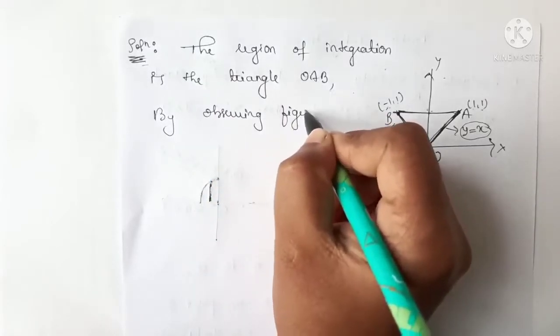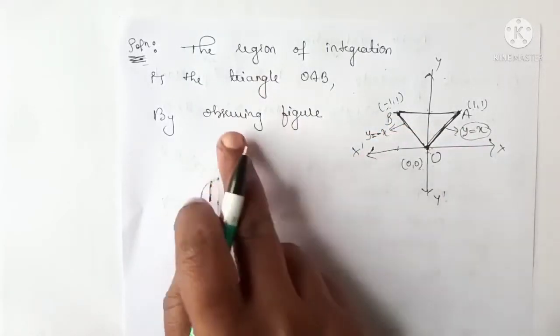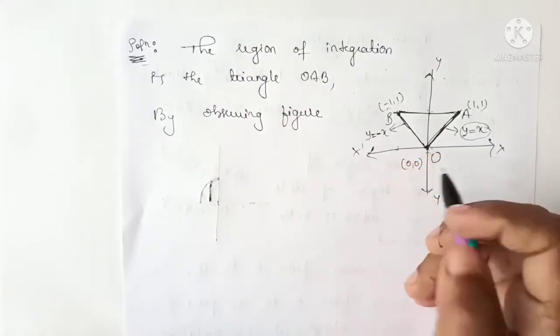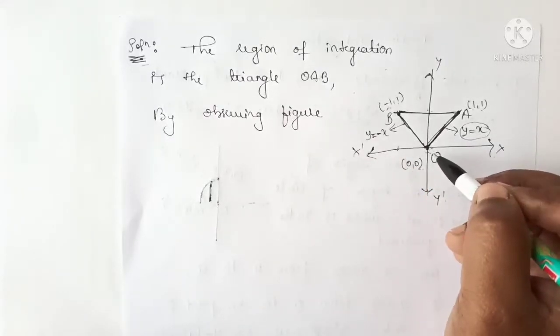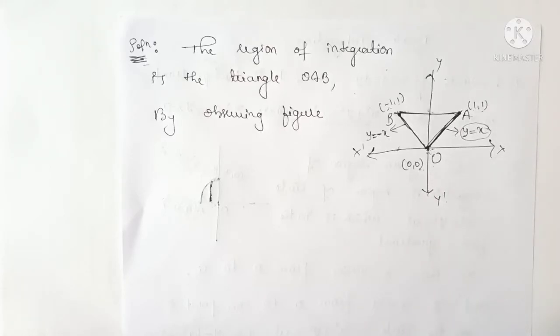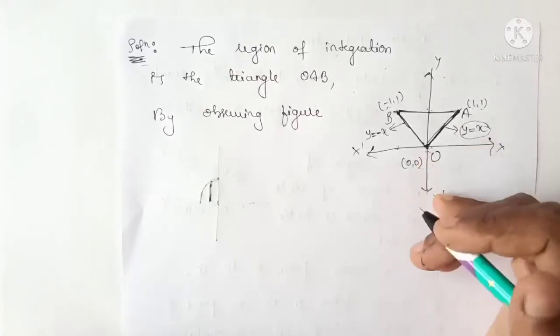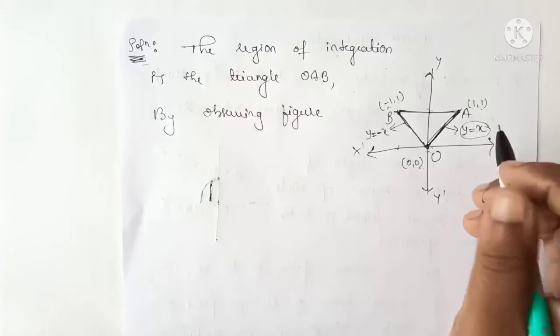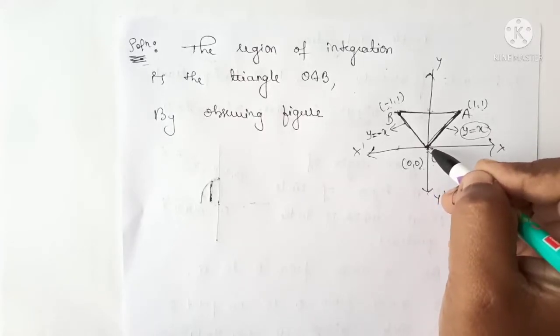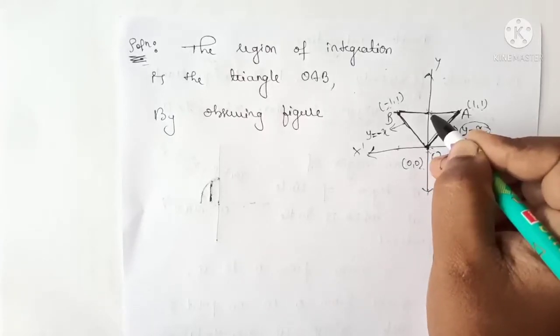Now by observing the figure, here we take x varies from 0 to 1. In this case we take y as constant and x as variable.